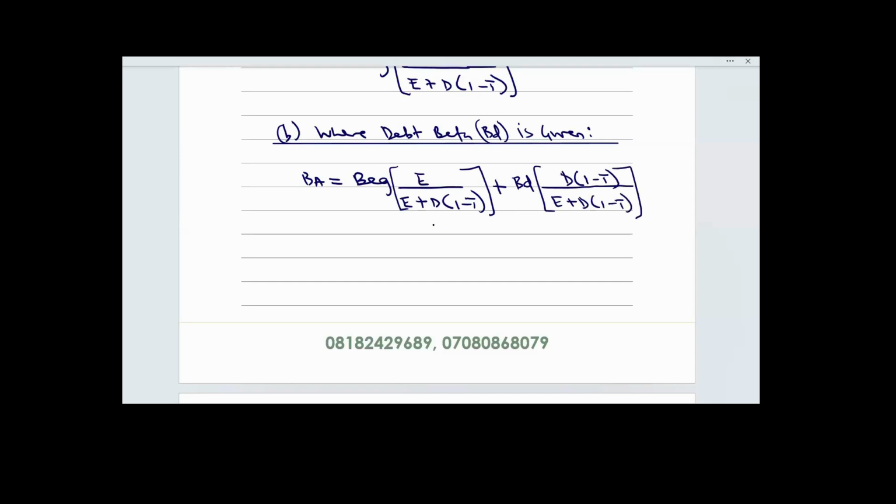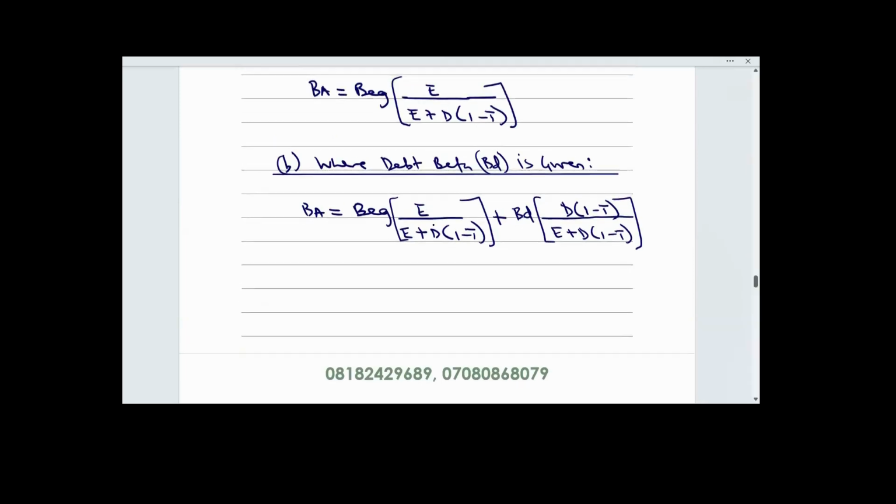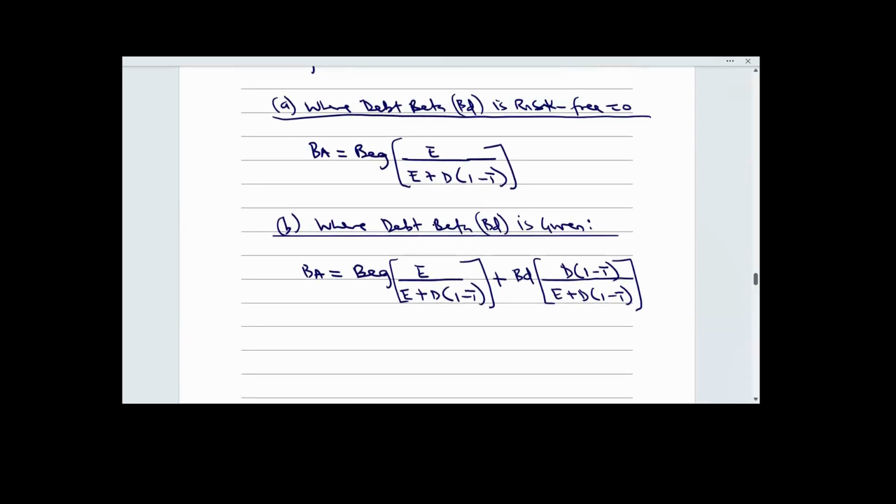All right, so this is the formula you are going to use to calculate asset beta where debt beta is given to you. The formula you use to ungear will depend on whether debt beta is risk-free or debt beta is given.